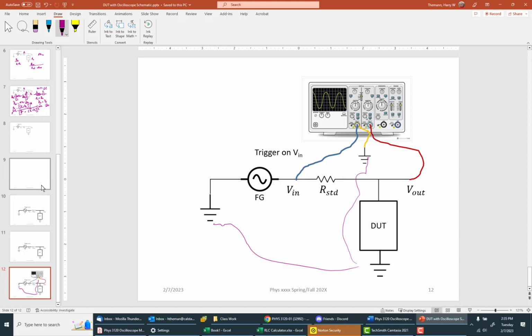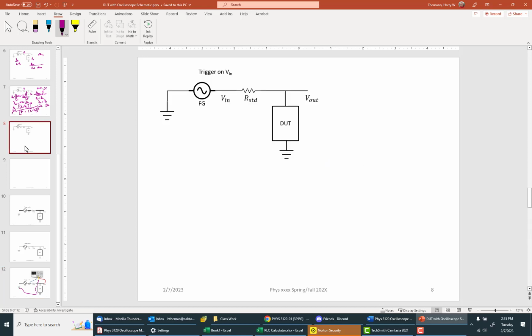And what we can do then, we can say now that we know that V out over V in equals Z2 divided by Z1 plus Z2. So we can cross multiply and we need to collect terms.